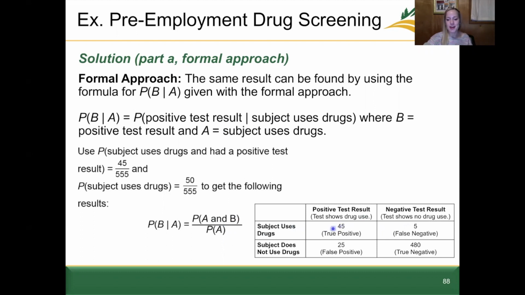So 45 plus 5, that's 50. We take 50 divided by all the subjects present, so that's 50 over 555. Now we have our numerator, the probability of A and B occurring, and our denominator, the probability of just A occurring.